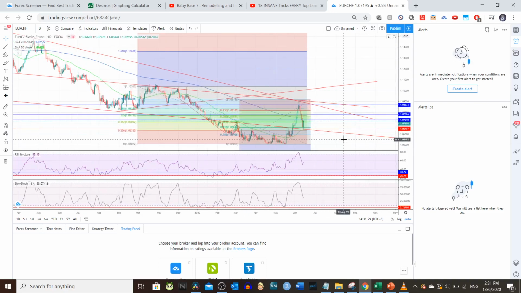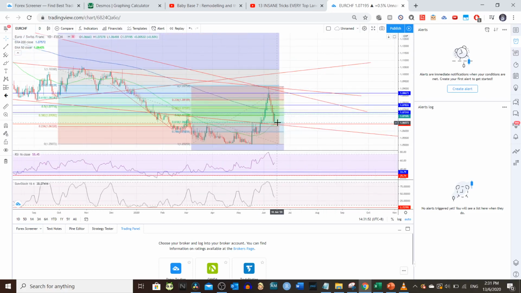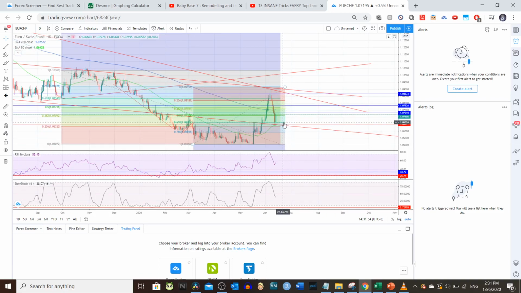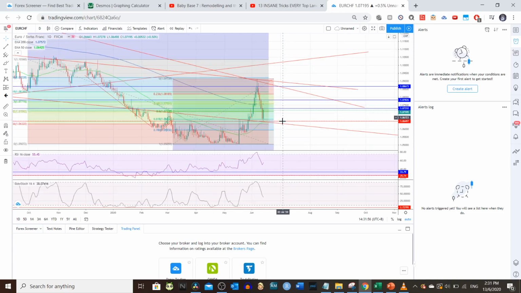I connected the lower half of this channel with the bottom, and it does pass through a few points, like here and here. I'm not sure whether it is a channel, but if it is, then it also coincides with this level here, which is why I entered at this point, and I got a strong bounce on the first day. But I'm not sure whether this will continue.